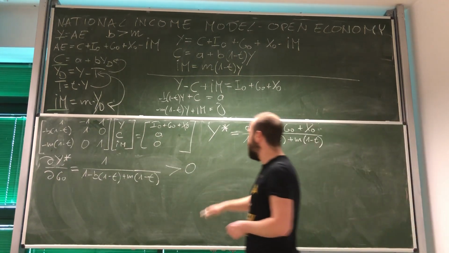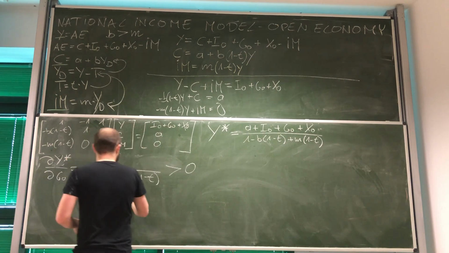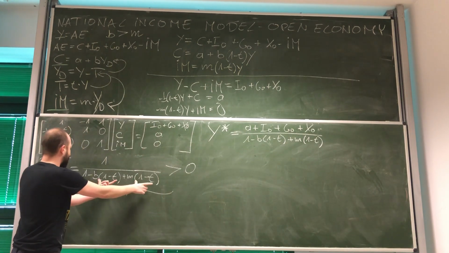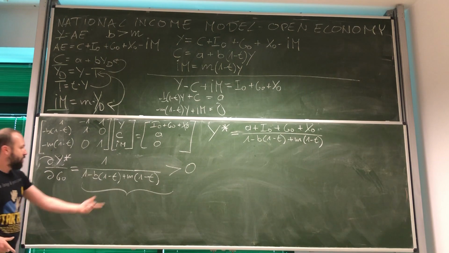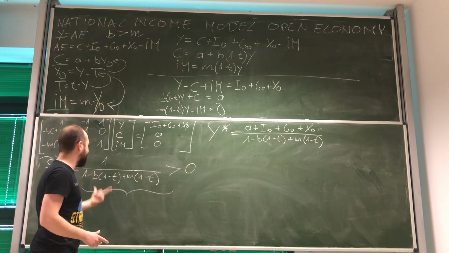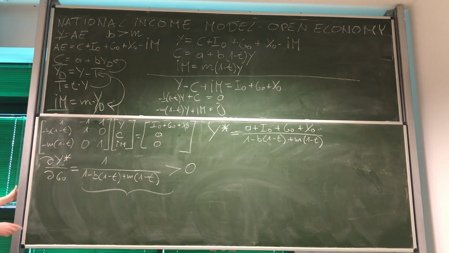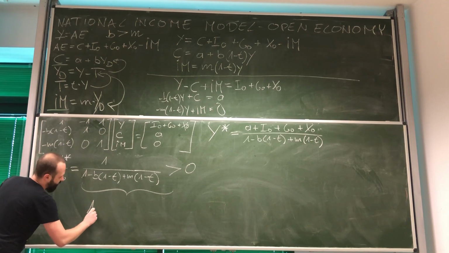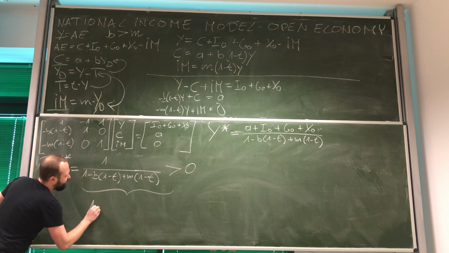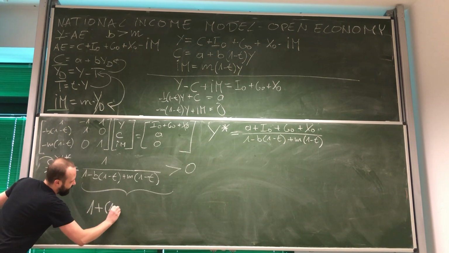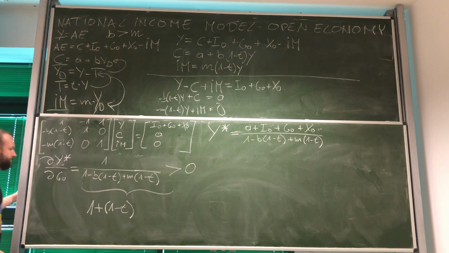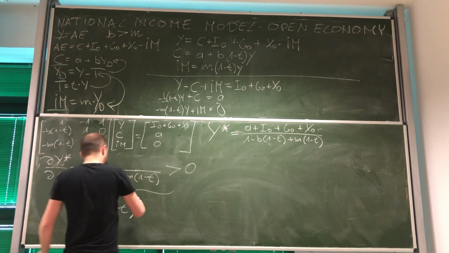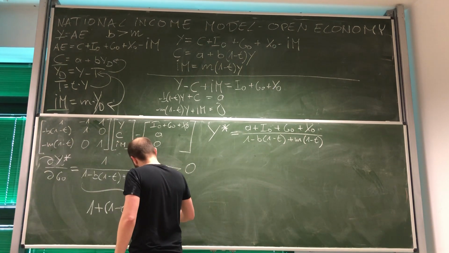Because look what will happen over here if I take the common part out of these two expressions, 1 minus t. So I'm going to have 1, let's just write it as plus 1 minus t times m minus b.